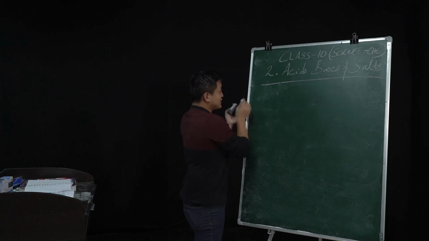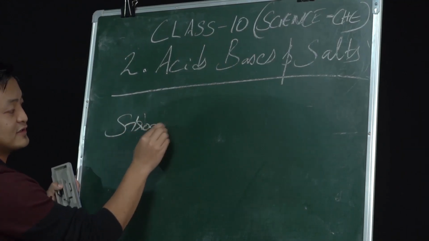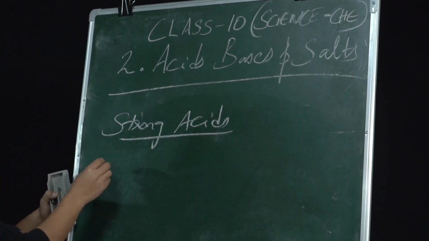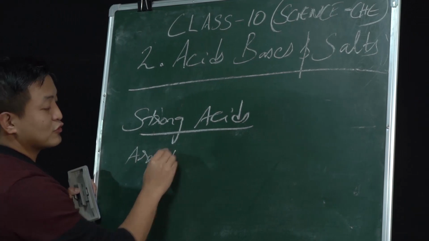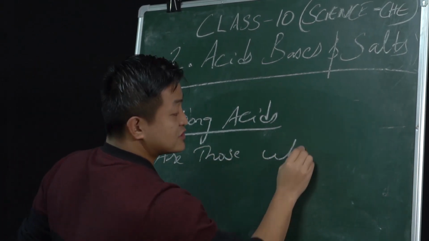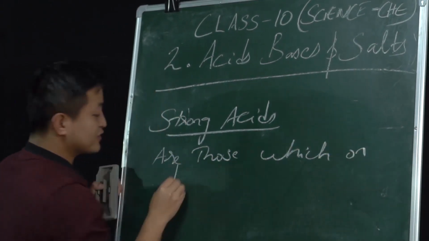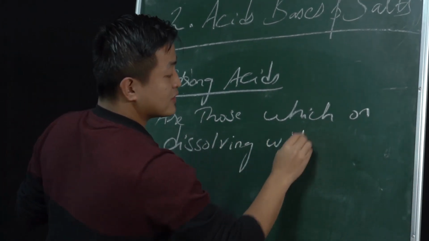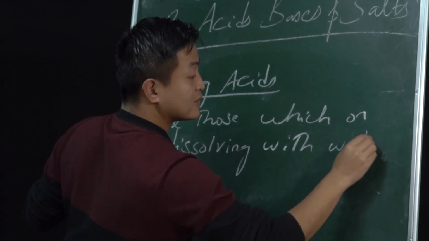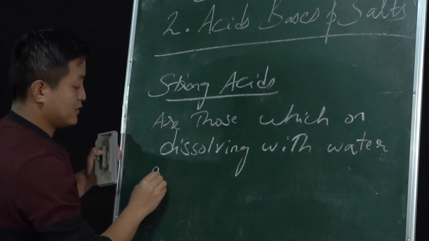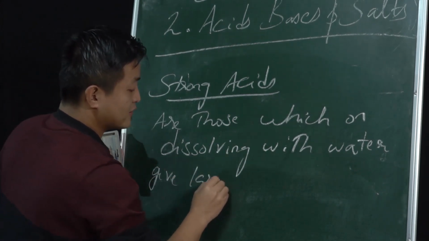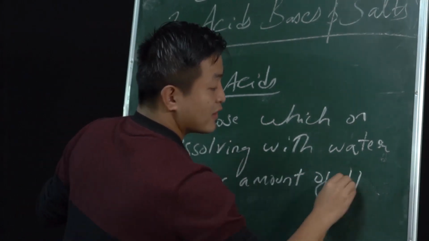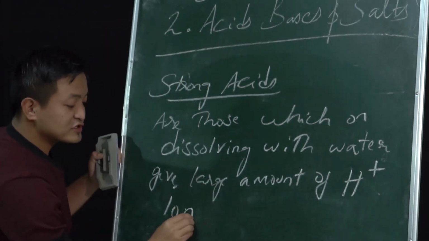So let's start here with strong acids. Strong acids are those which, on dissolving with water, give a large amount of H plus, that is, hydrogen ions.